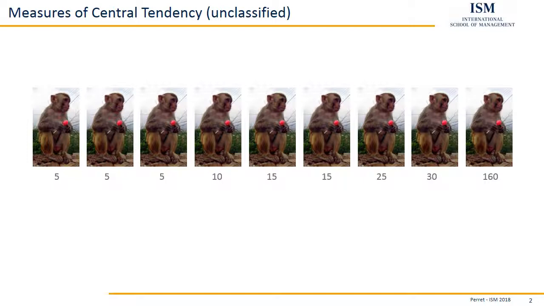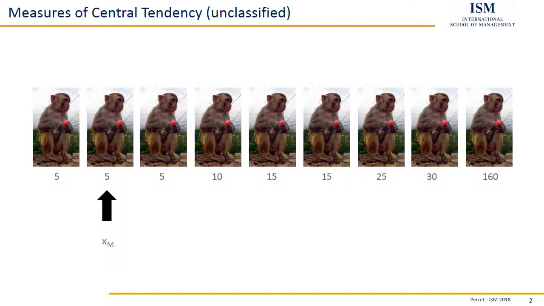So the most frequent value here is the 5. This means that our mode, that's the x M, is 5. It's not necessarily this specific monkey the arrow points to, but the value. That's what we are interested in, and the value here for the mode is 5.